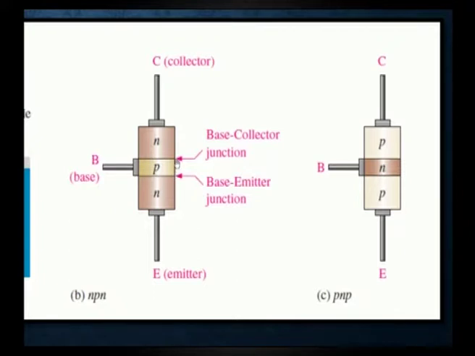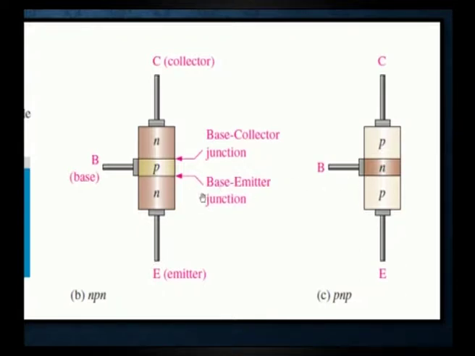The junction formed between the collector and base is called the base collector junction, and the junction formed between the base and emitter is called the base emitter junction.